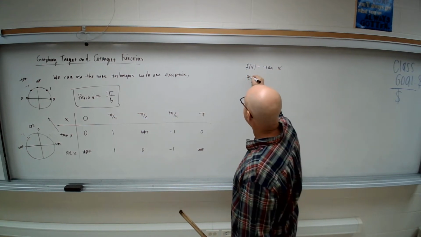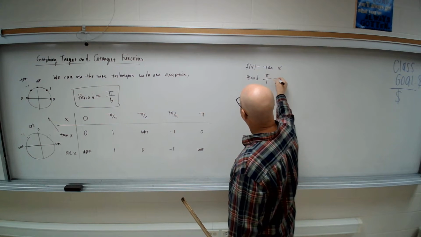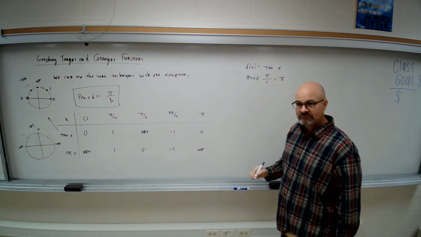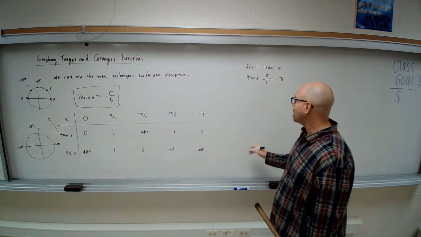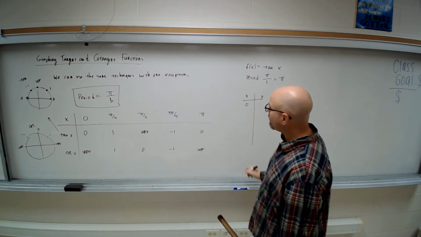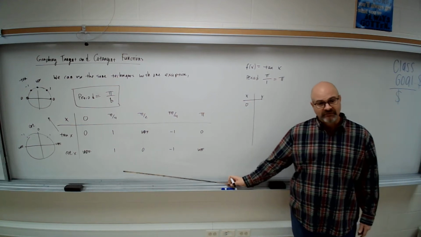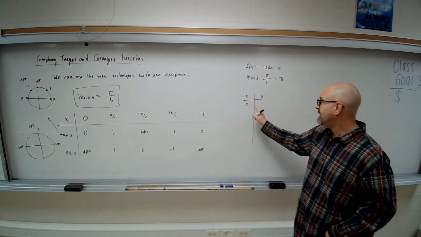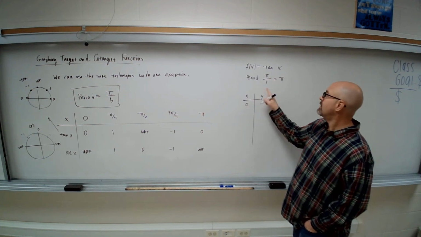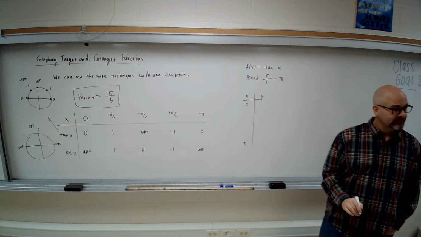So our period is going to be pi divided by 1, which is just pi. We would build our table the same way that we're used to. So we start at 0 because there is no phase shift. If there were a phase shift, you'd start at the phase shift. And then we take the first value, which was 0, plus 1 period to get our final value.